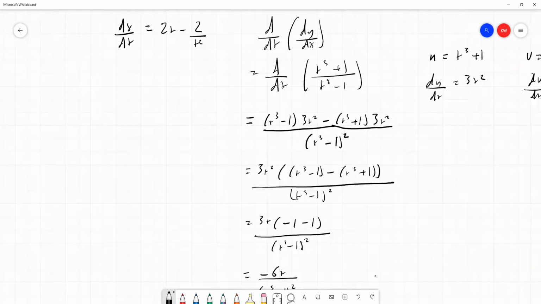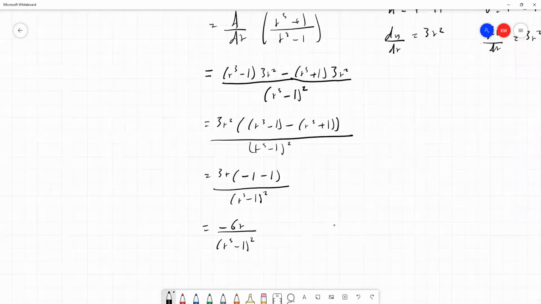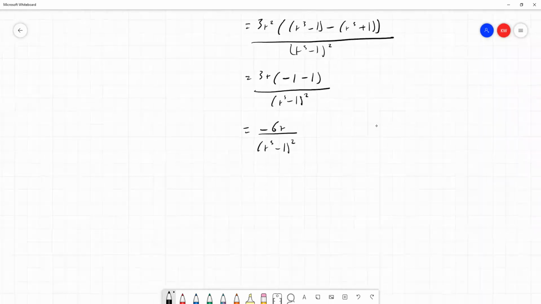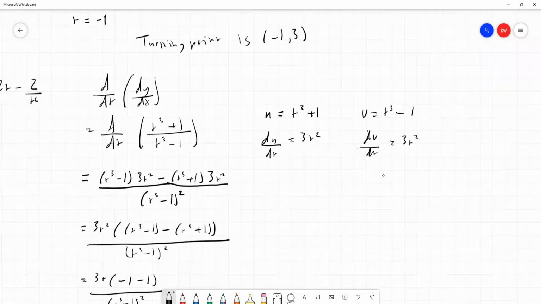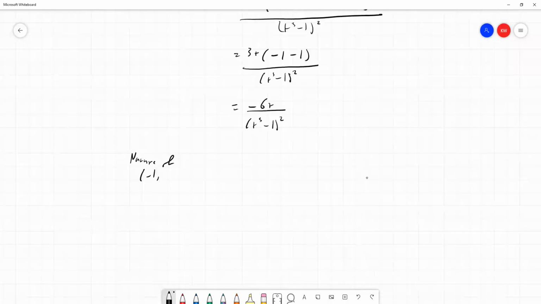So our final part of the puzzle is to take the value for t which gives us our turning point, and check the nature of it. The turning point is minus 1, 3, when t is equal to minus 1.